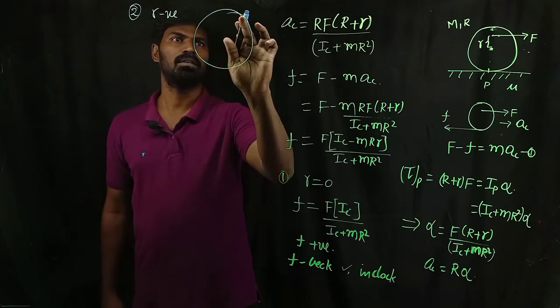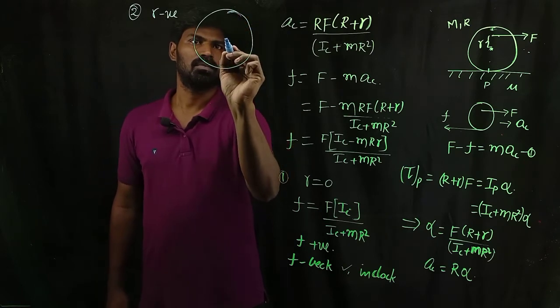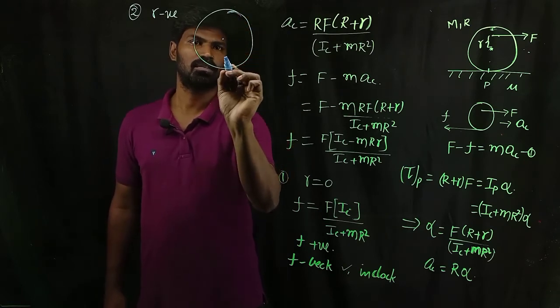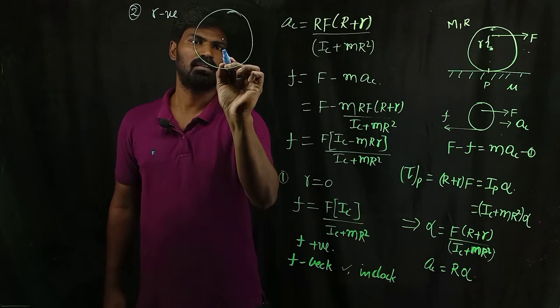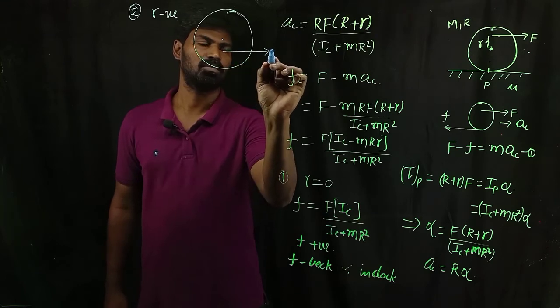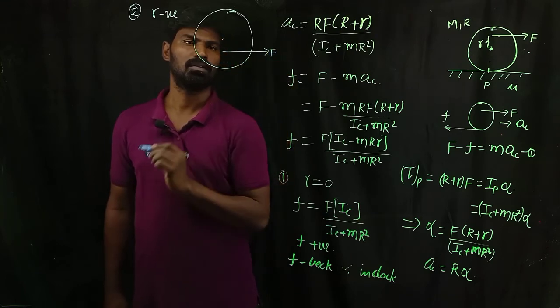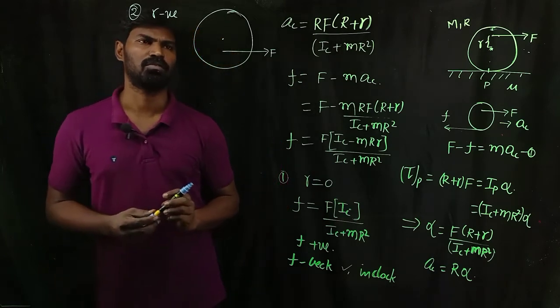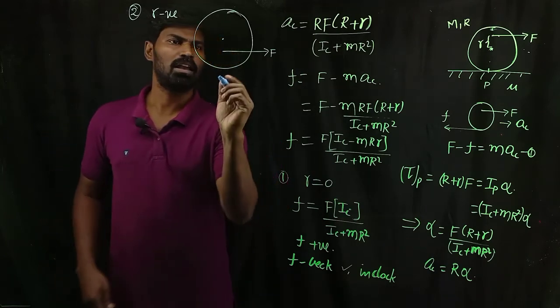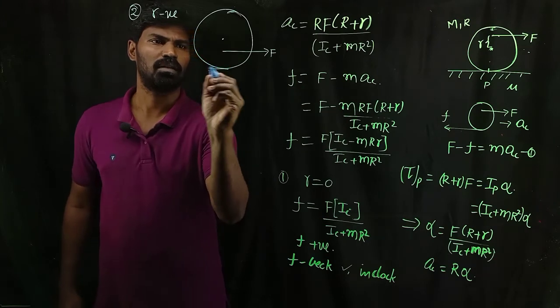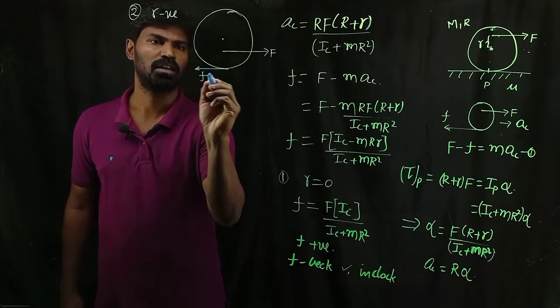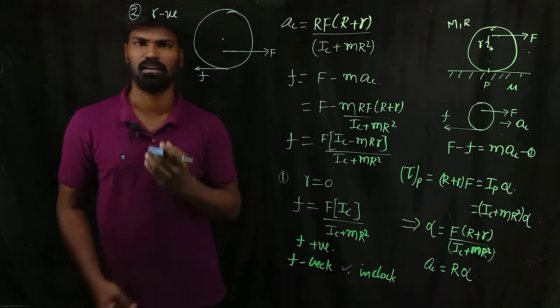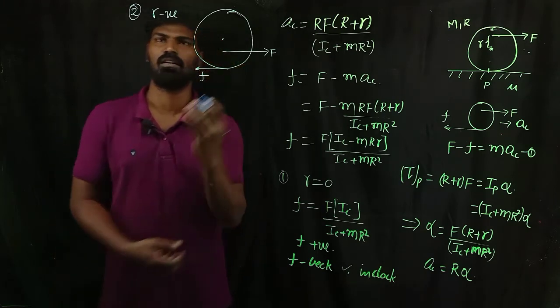This is the body, so this is the center of mass or center of the body, and the line of action is below this. In this case, what is the direction of frictional force? My assumed direction of friction is backwards. This is the assumed direction. I'm not sure whether the actual direction of friction is back or forward.